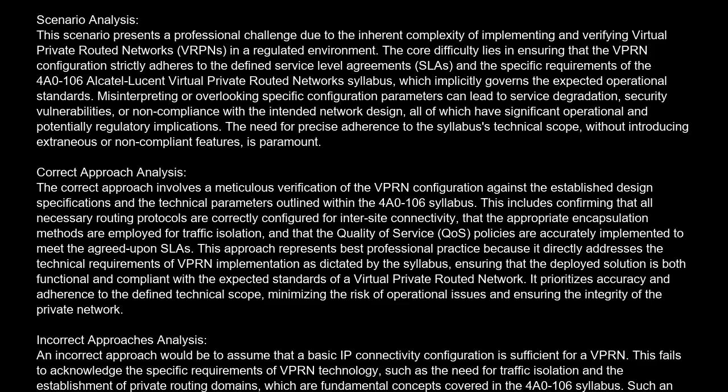Another incorrect approach would be to implement advanced routing features not explicitly covered or implied by the 4A0-106 syllabus for VPRN deployment, such as complex BGP route manipulation or extensive MPLS VPN extensions, beyond the scope of basic VPRN functionality.